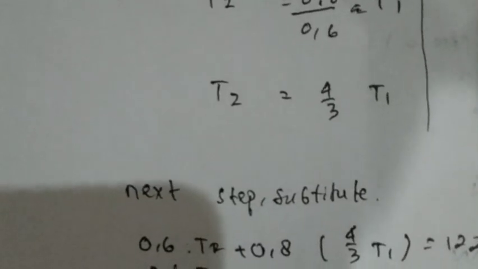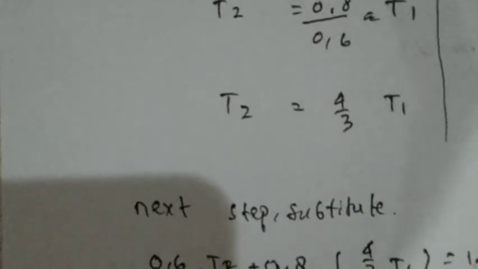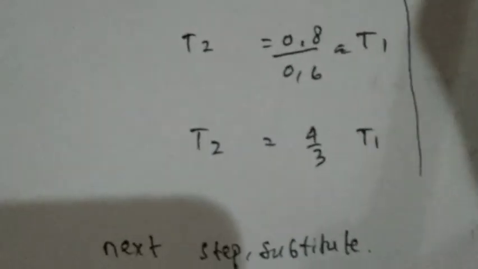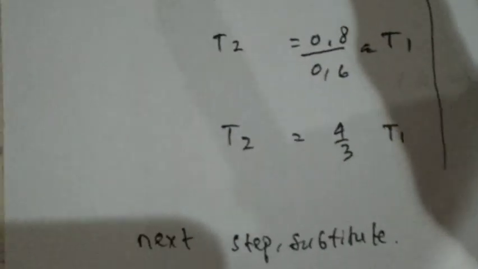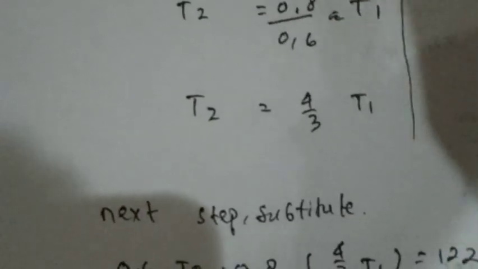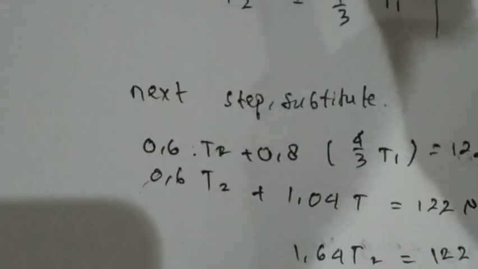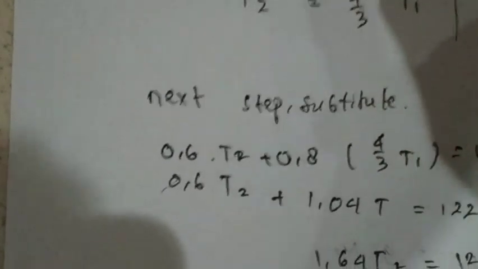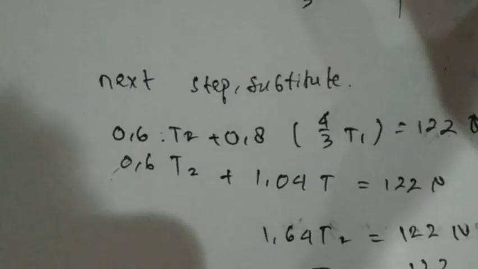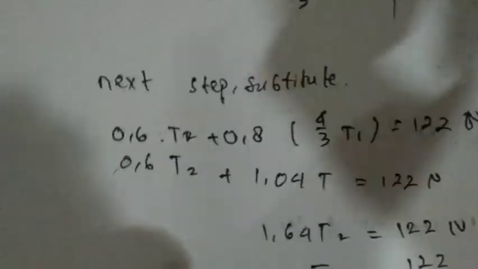Minus T1 times cos 37 degrees plus T2 times cos 53 degrees equals 0. Minus T1 times 0.8 plus T2 times 0.6 equals 0. 0.6 T2 equals 0.8 T1. T2 equals 0.8 by 0.6 times T1. T2 equals 4 by 3 T1.